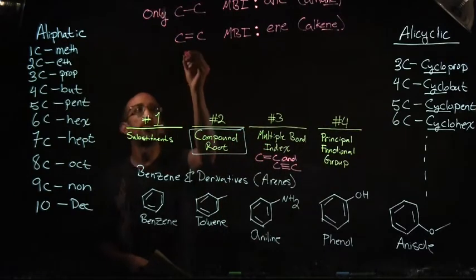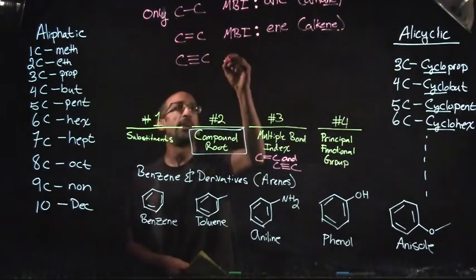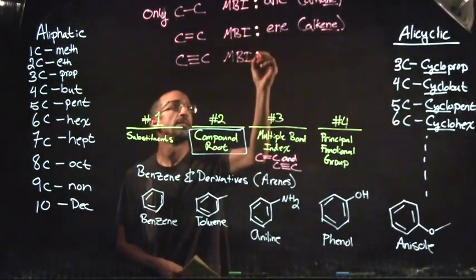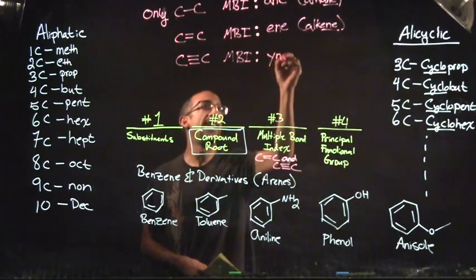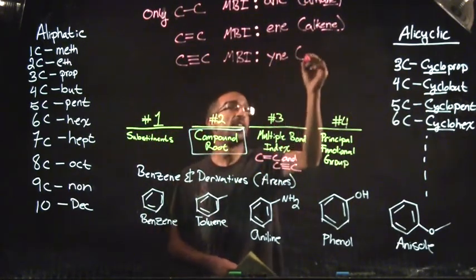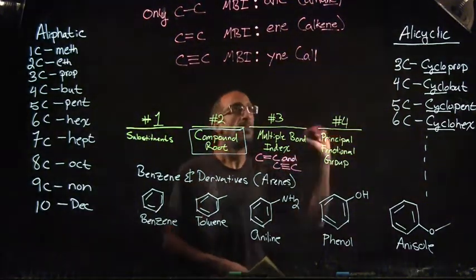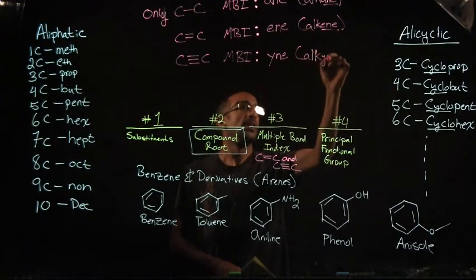And carbon-carbon triple bonds have a multiple bond index of yne, Y-N-E, and this comes from alkyne.